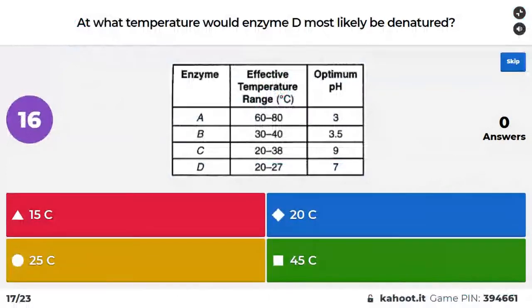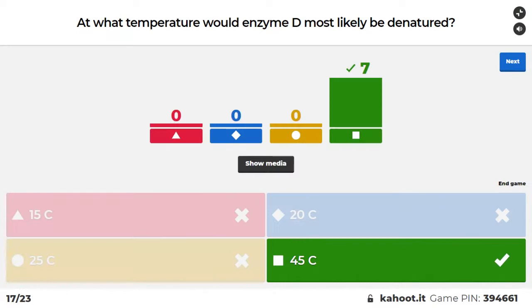So now you have a data table, and you're looking at enzyme D. And what temperature would enzyme D most likely be denatured? Nice job. All right. Way to read the data, guys. Excellent.